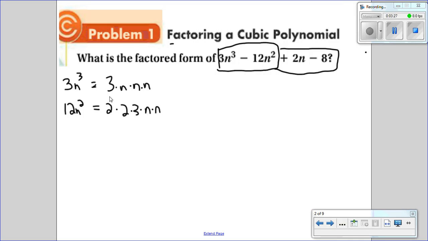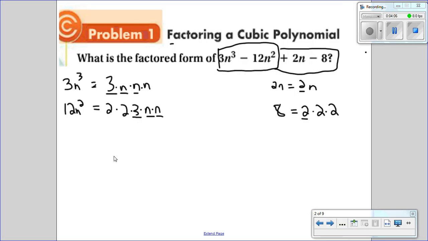So what do they have in common? They both have a 3, they both have an n, and they both have another n. And so our GCF would be 3n squared. We do the same here with 2n and 8. 2n is already factored out. 8 could be 2 times 2 times 2. And so these have 2's in common.